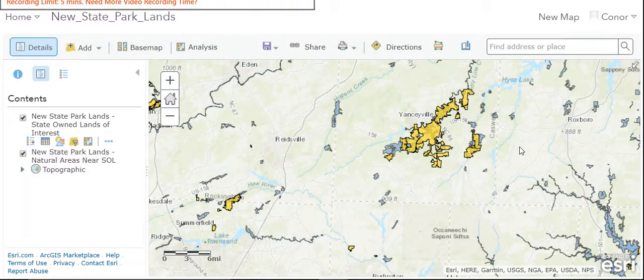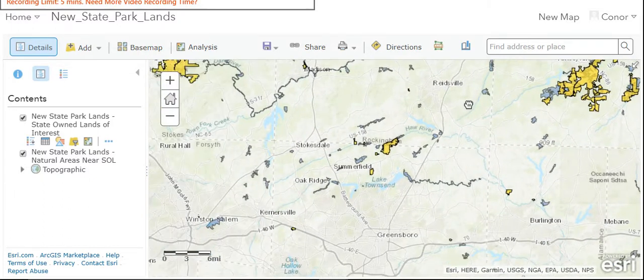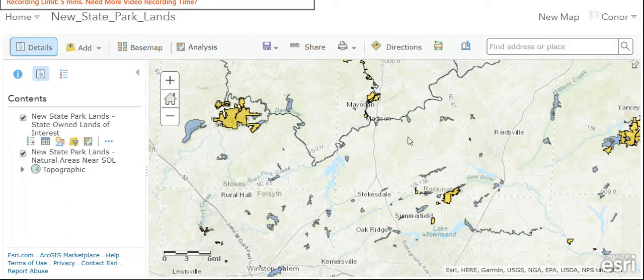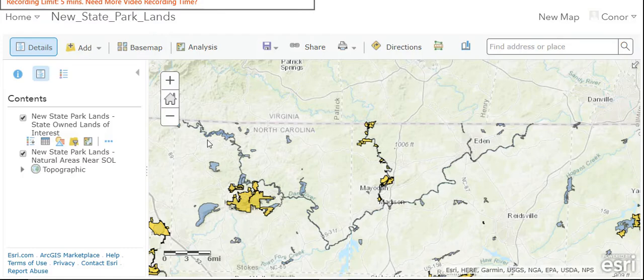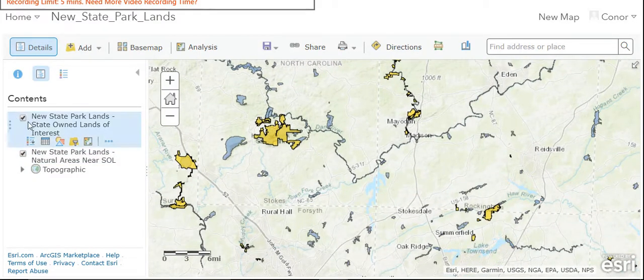The data I have has different levels of importance of the natural heritage land plots, so we'll be looking at that. I got publicly available data from the state of North Carolina, and you can see them in my two layers.